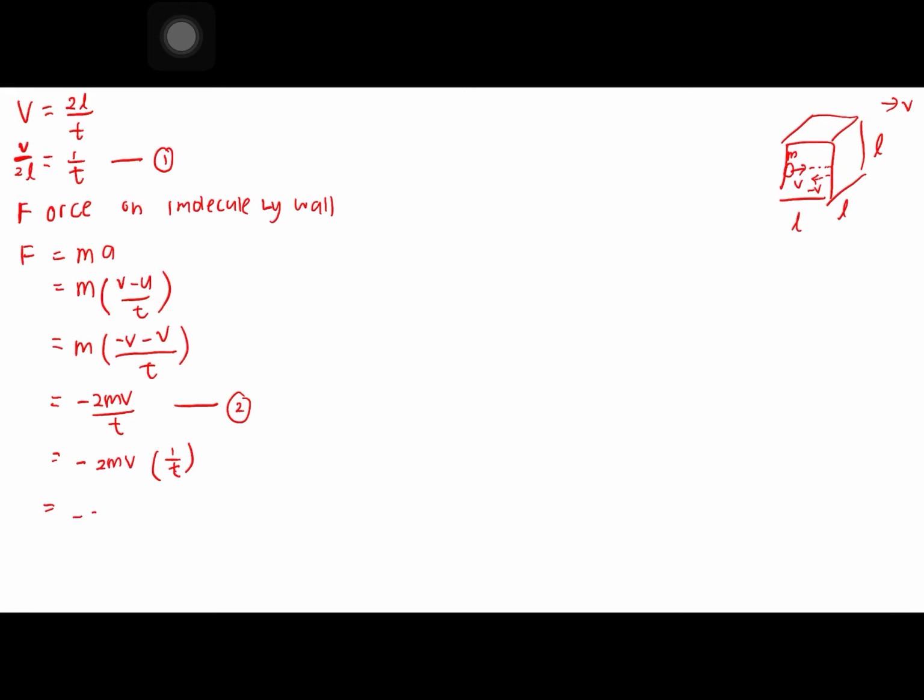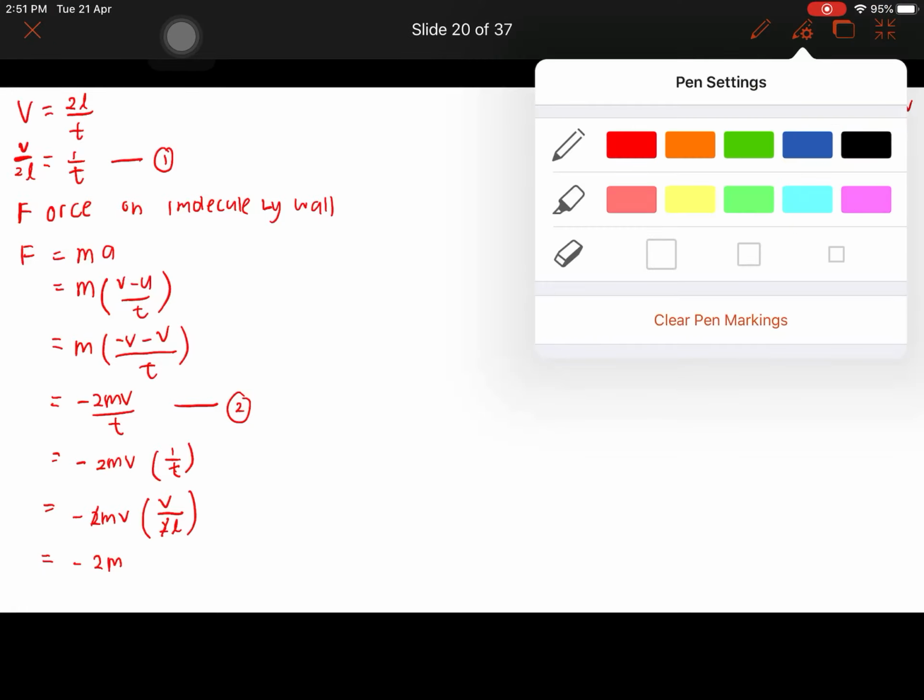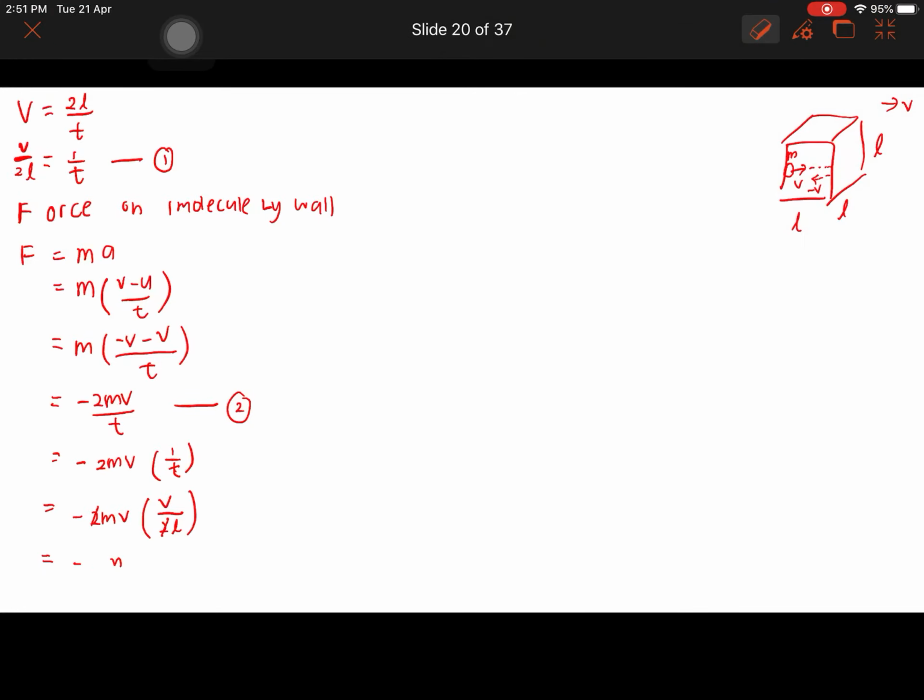So when I substitute 1 over t with v over 2L, you end up getting minus 2, and the 2 and the 2 will cancel each other away. So we end up getting minus mv squared over L. So this is the force on one molecule by the wall.